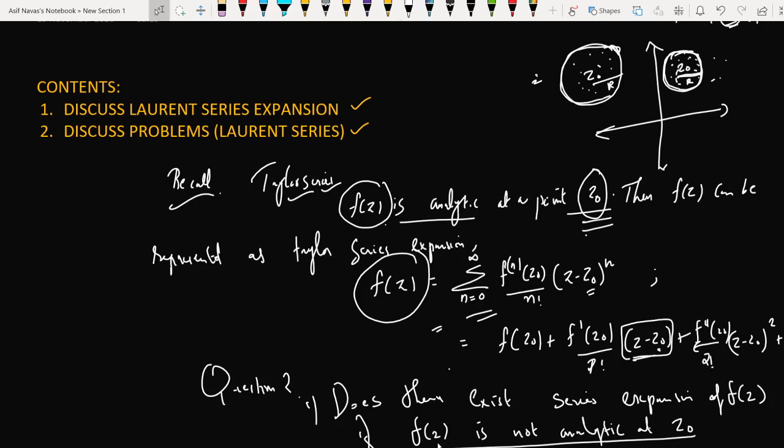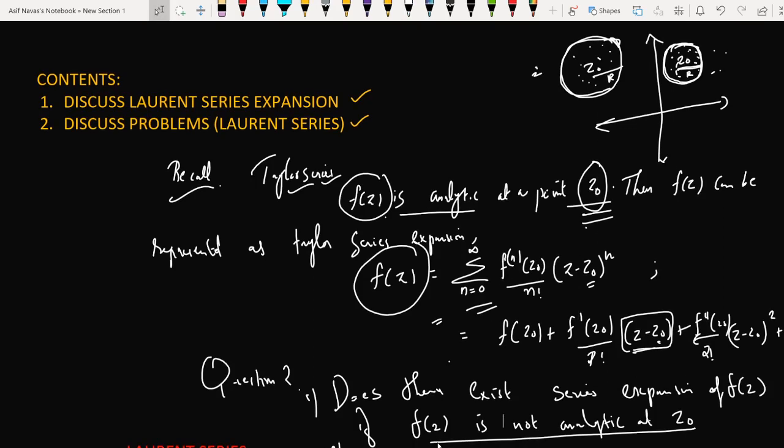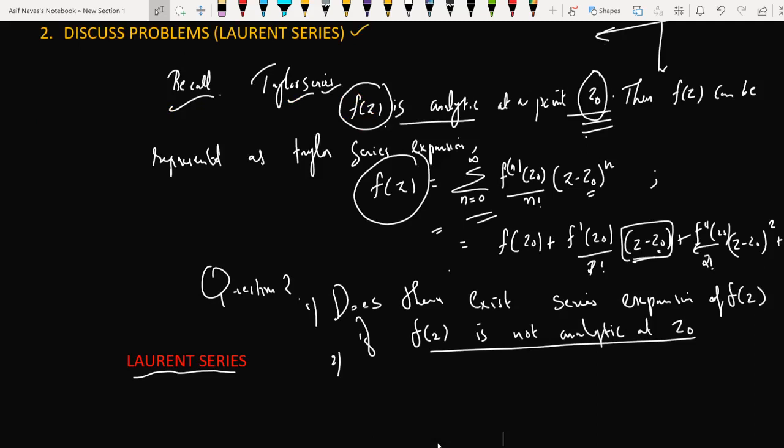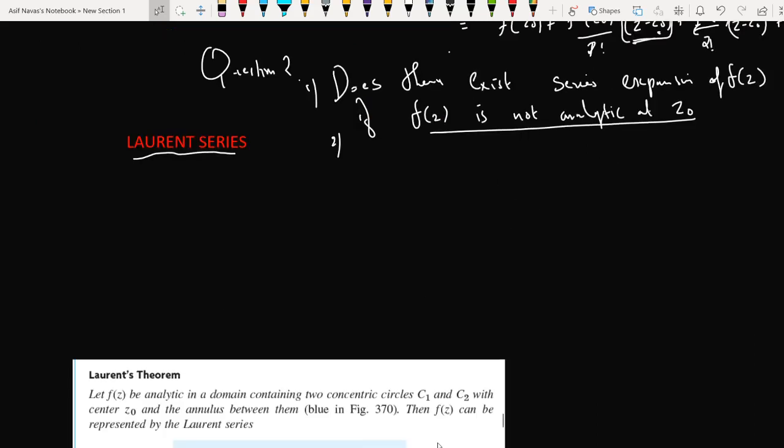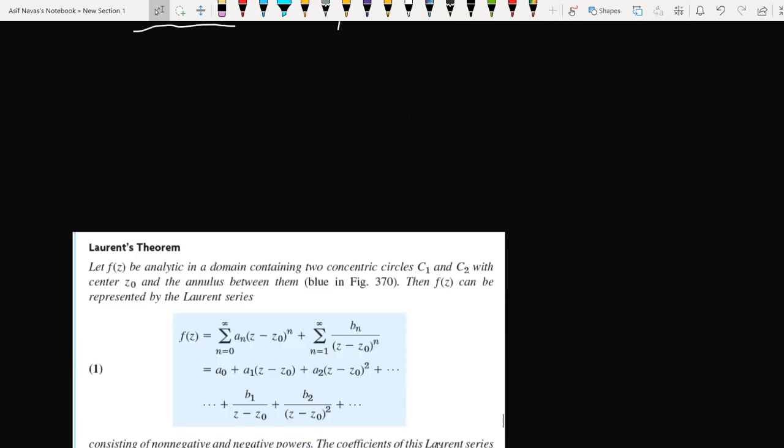Okay. So now we will extend this concept to non-analytic functions or other functions. So this is very important. We will discuss that. That's why we will discuss Laurent series expansion. So let f of z be analytic in a domain containing two concentric circles C1 and C2 with the center Z0 and the annulus between them.